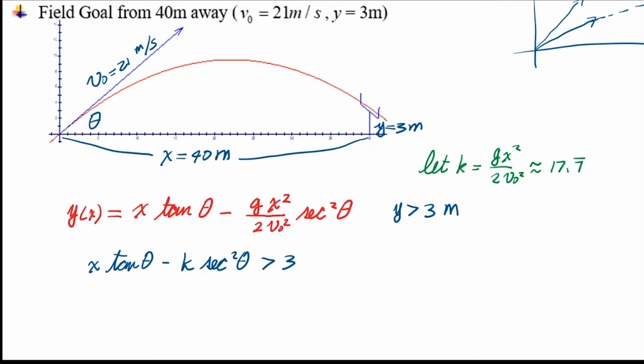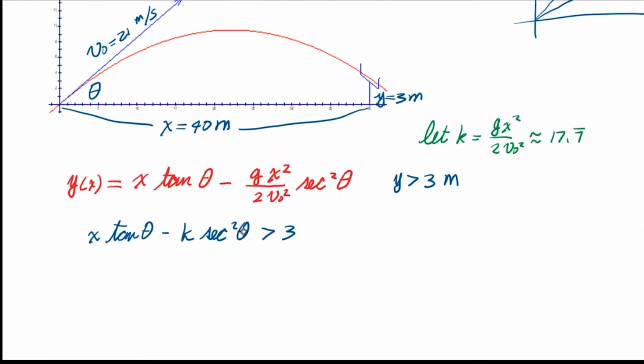Are you with me? What is our variable here? Our variable here is theta, right? At what angle? Okay. Do you see this is a quadratic form? Tangent theta minus k, and we convert this into, oh, here we go, last year's review, right? Trig equations and inequalities.